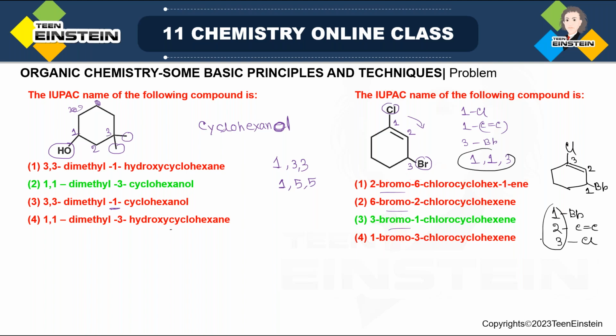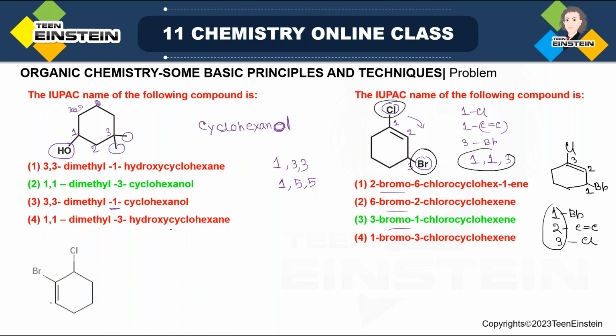Now one more structure we will see which has some similarity with this one, but there is a difference. Here the C=C double bond position is not the same. Here bromine and chlorine are now at 1 and 2 position. In the previous structure, their positions were 1 and 3, but now they are at 1 and 2 position. But the question is from which direction we should start.